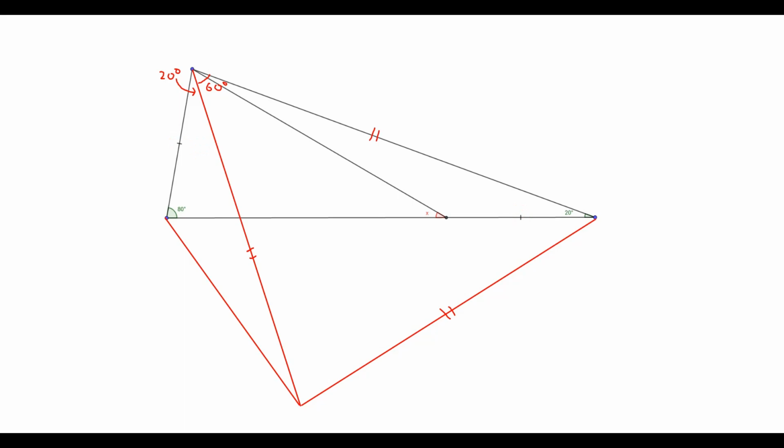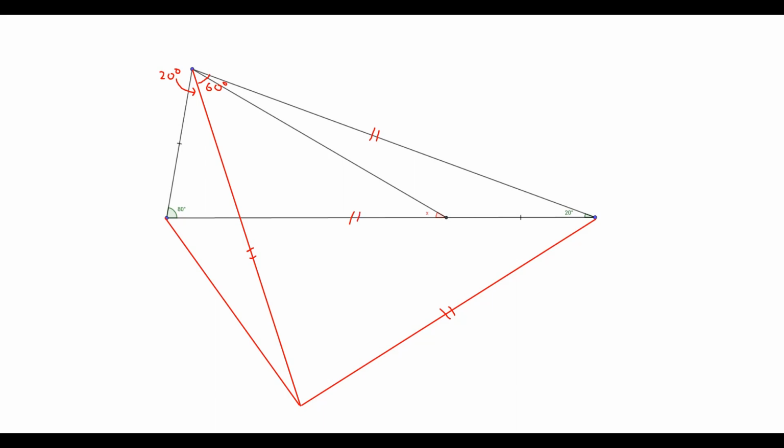And can you guys see another line that has that double line in it? Let's take a look. What about this line here? This is 80, this is 20, so by definition this is 80, because the whole thing adds to 180, so I know that also this one here has that same double line.